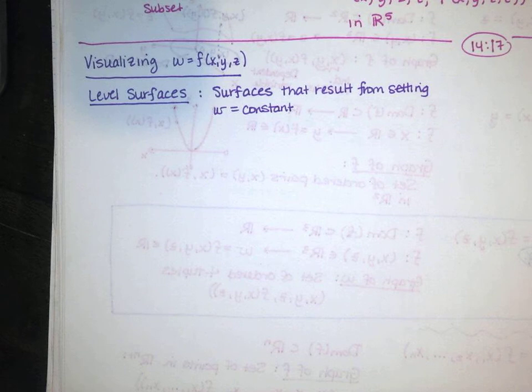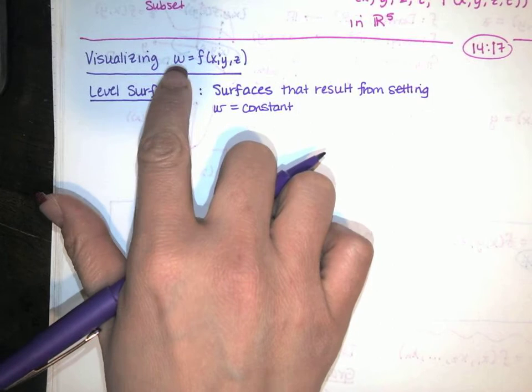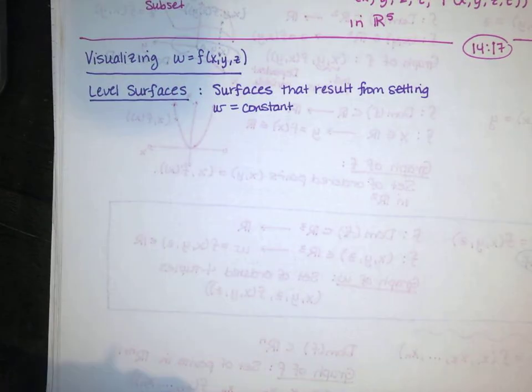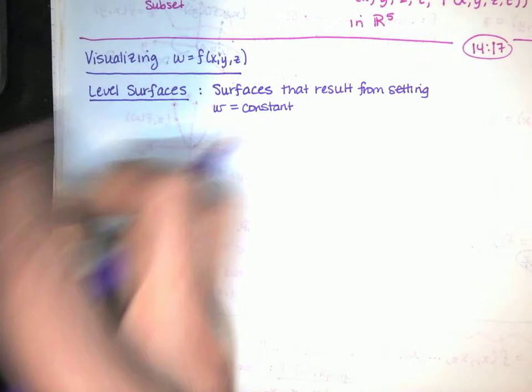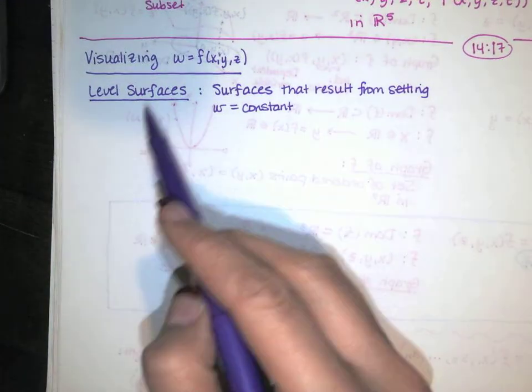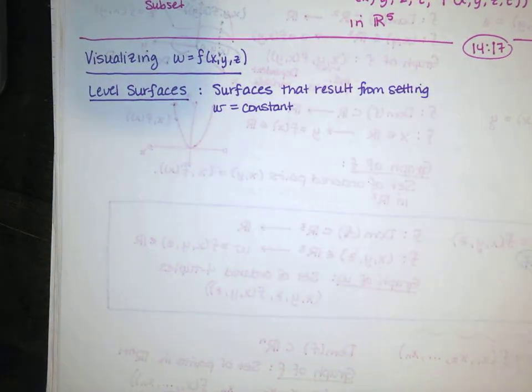If I have a collection of level surfaces for different values of W, that can give me some sense of how this function is behaving as W increases or decreases. We might want to know, well, what geometry do we have as this variable over here changes? And level surfaces can help us to figure that out.